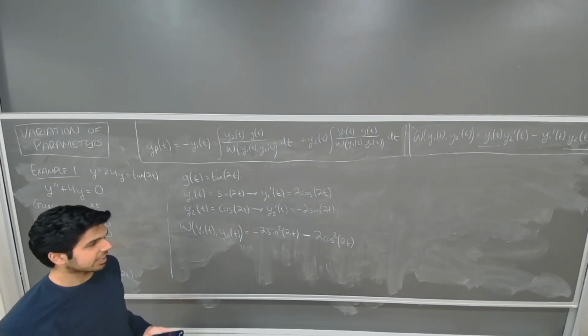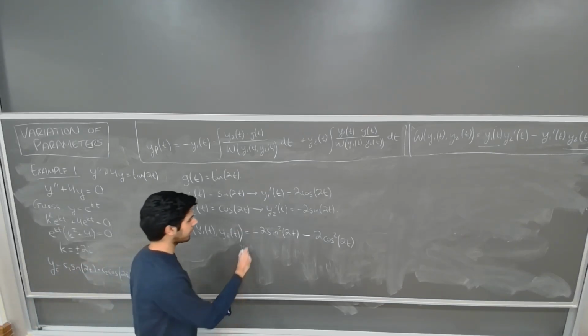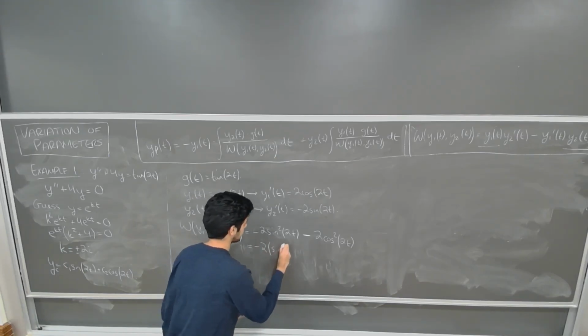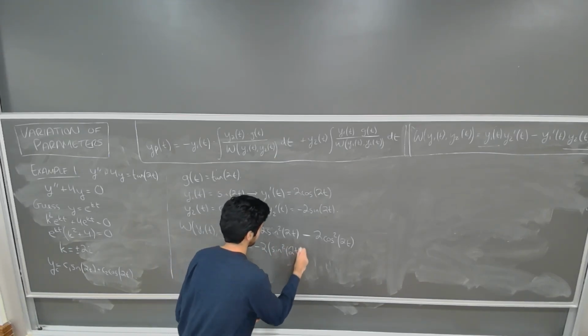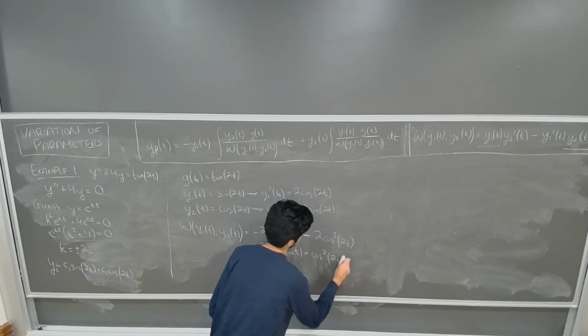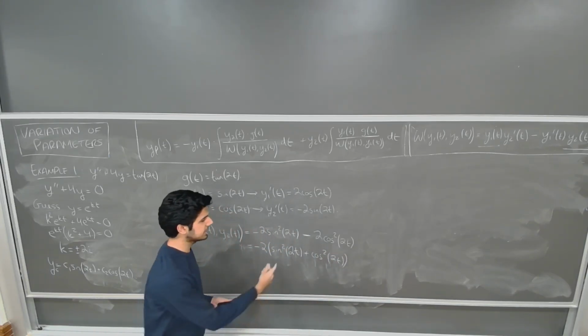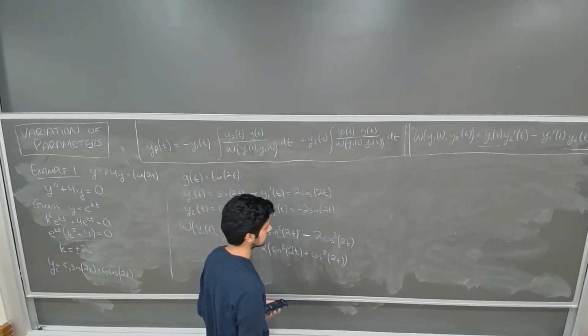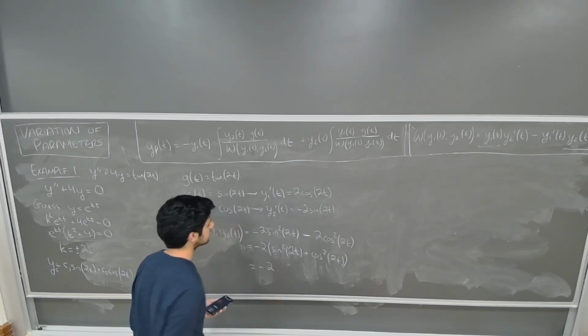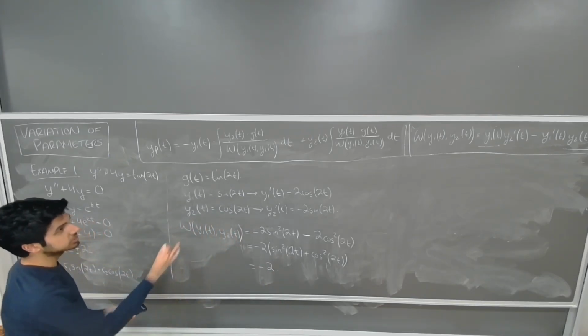Well, this is fine, but it becomes even better when we factor out a 2. And now we see sine squared of 2t plus cosine squared of 2t equals 1. So this is just negative 2. So that's going to be our Wronskian.